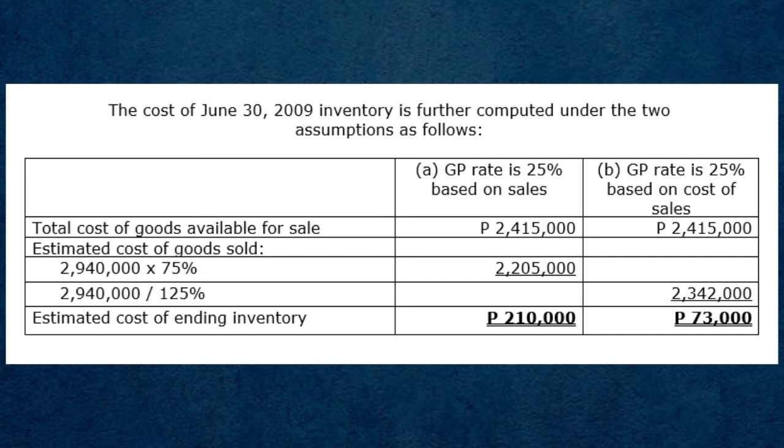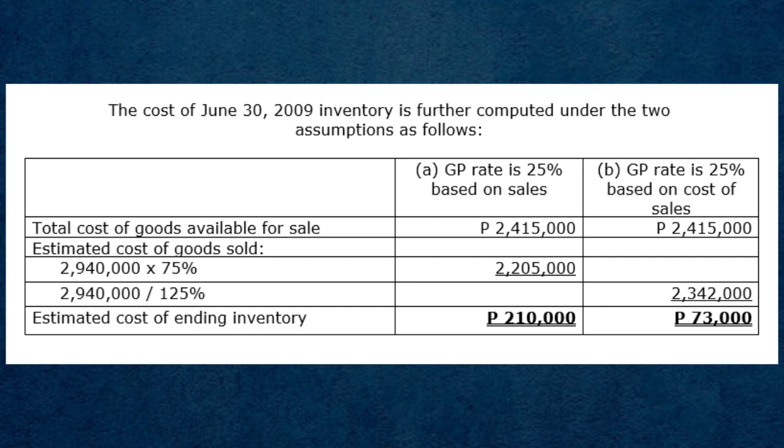Total cost of goods available for sale under A, gross profit rate is 25% based on sales: 2,415,000 pesos. Total cost of goods available for sale under B, gross profit rate is 25% based on cost of sales: 2,415,000 pesos.